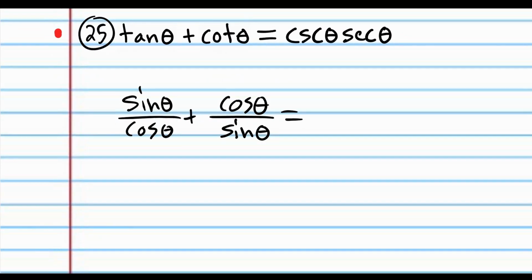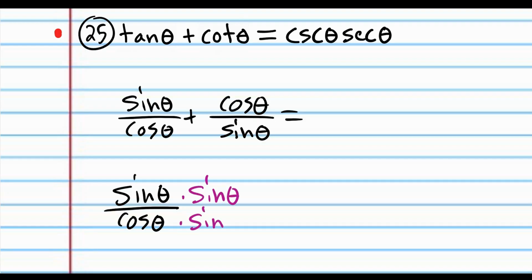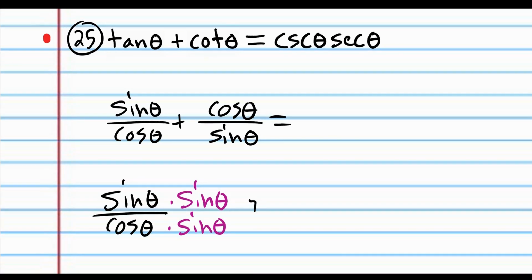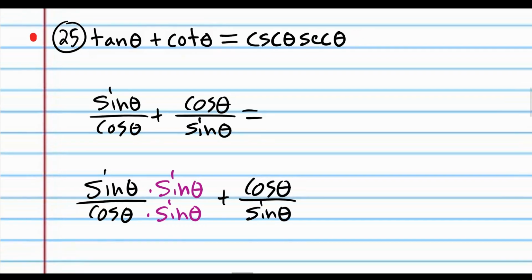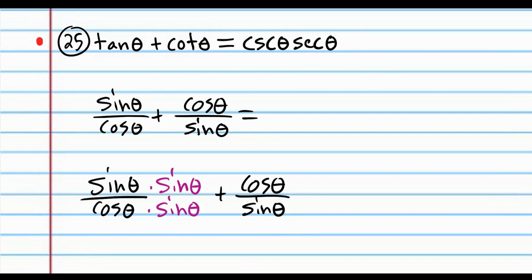Then I'm going to multiply both sides of the first fraction by sine theta. And I'm going to multiply both sides of the second fraction by cosine theta.